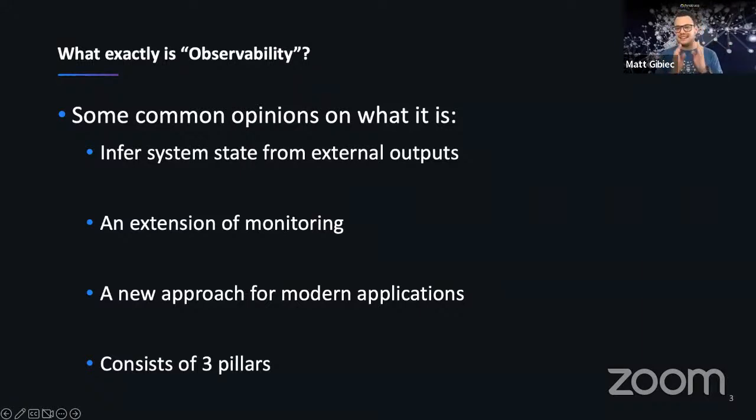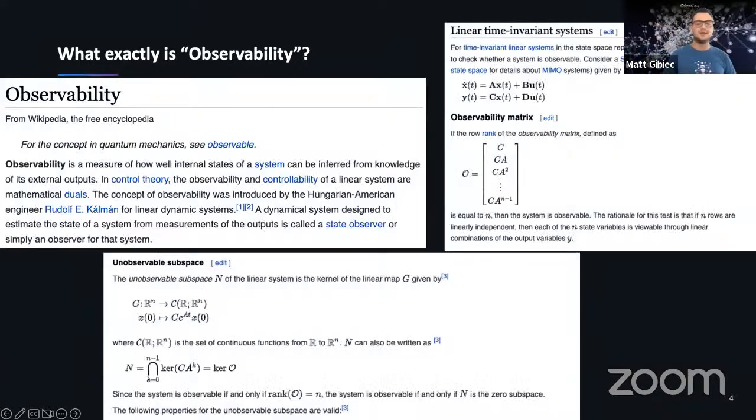Hopefully at the end of today's talk, we'll find a common ground and look at observability on the same page. But to start with, observability is almost like a personal experience of what you think about it. The other thing I want to throw out there: if you type observability into Google and go to Wikipedia, you'll see this. When I saw this, I thought I needed a PhD to understand what it was telling me.